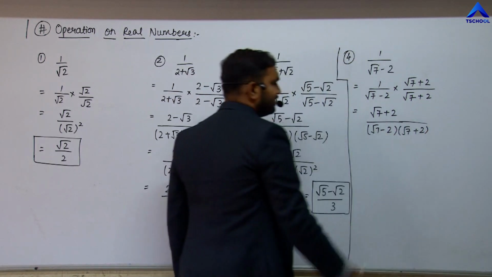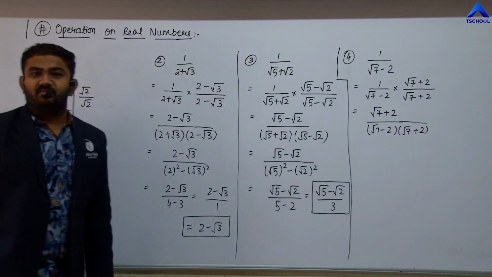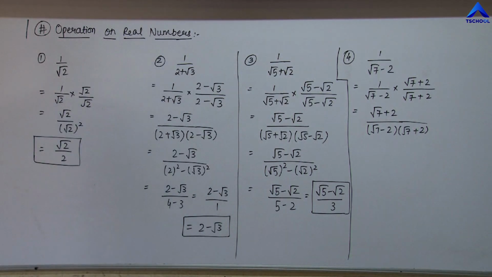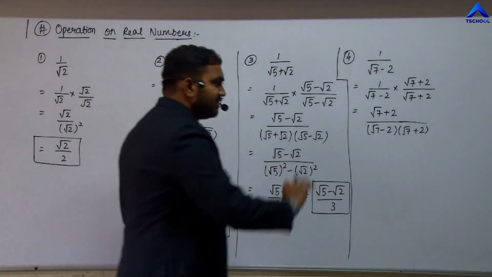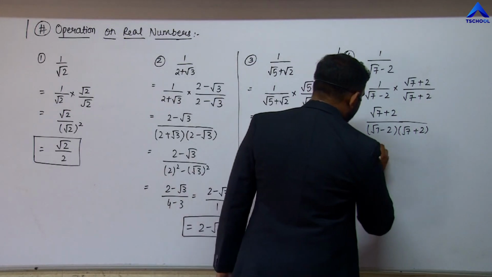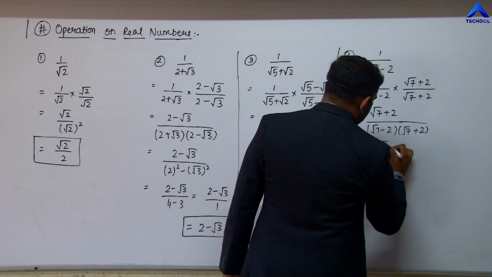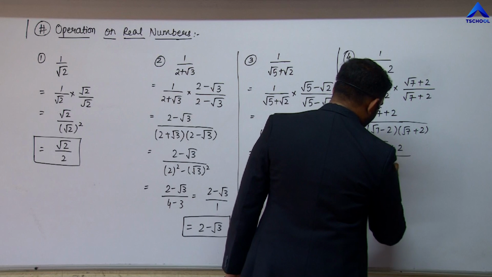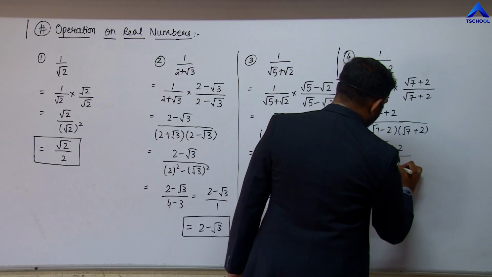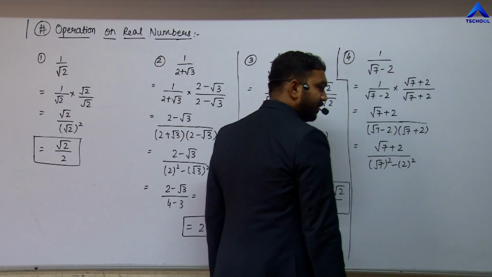See friends, this is the important result number 5. Result number 5, again this was the same, but here we just have the numbers in the reverse manner. So that is root 7 plus 2 upon root 7 square minus 2 square.